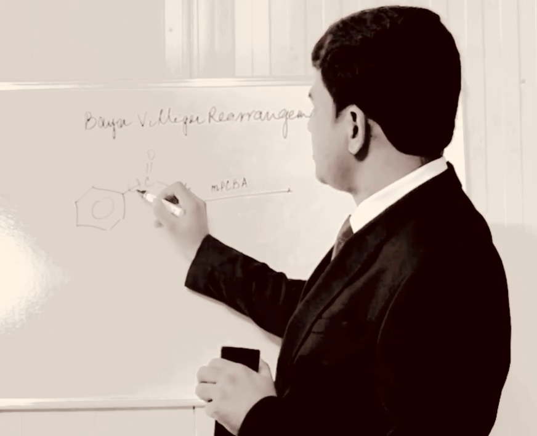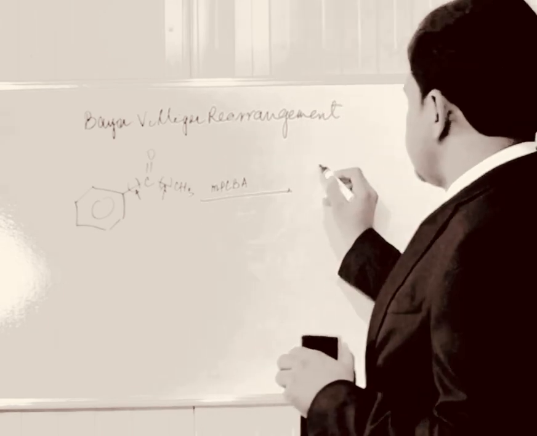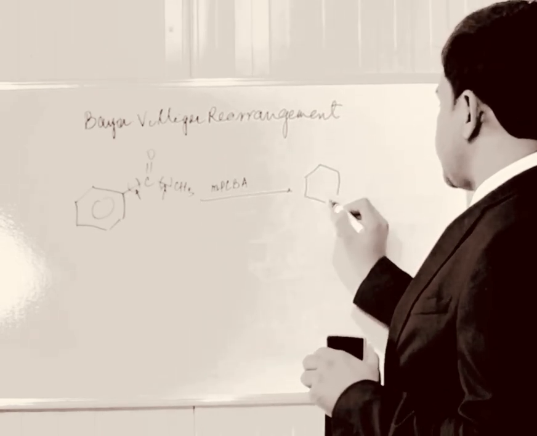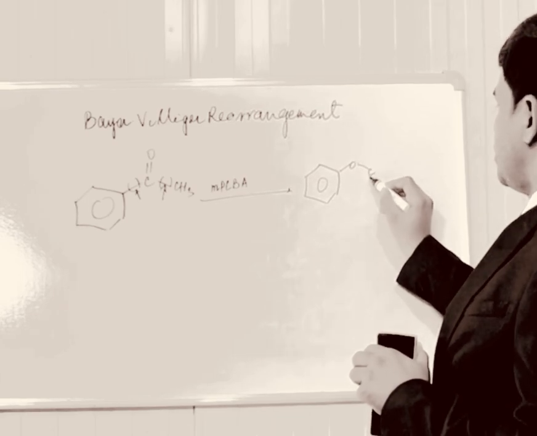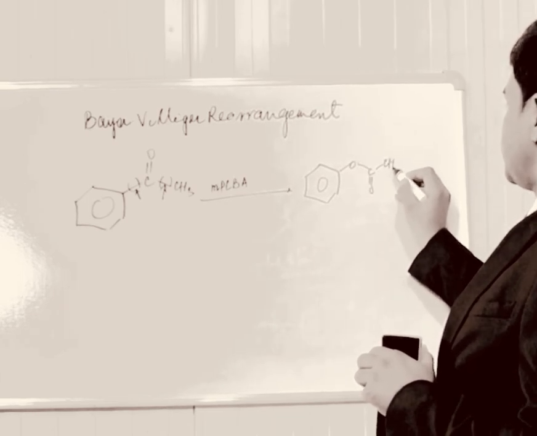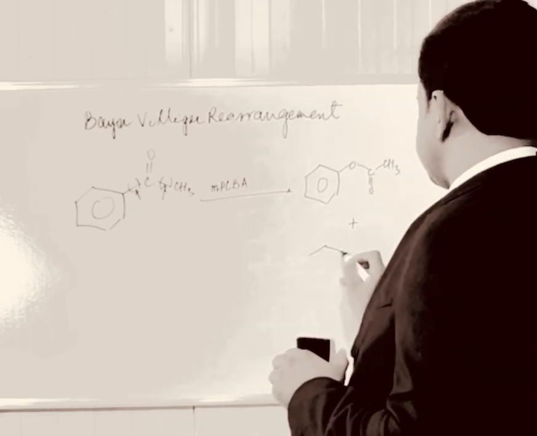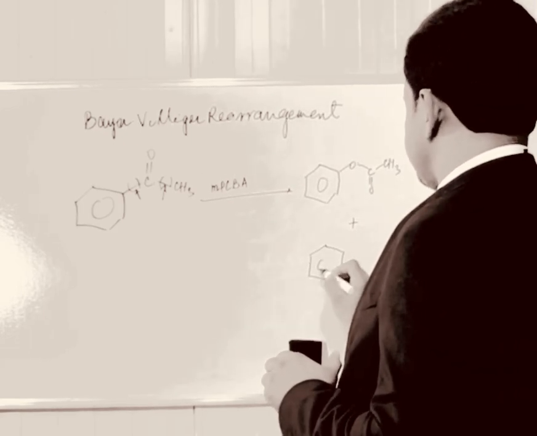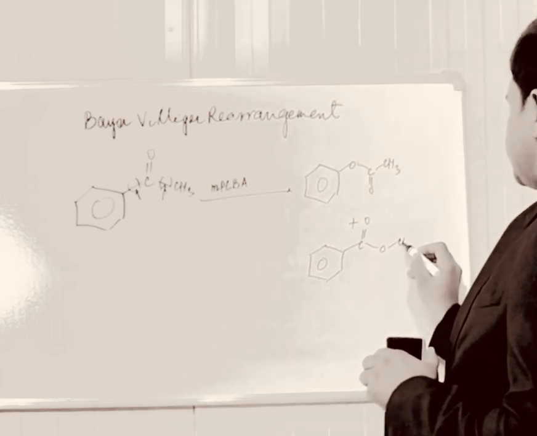In the first, the oxygen is inserted in between this, and in the second, the oxygen is inserted in between this. Then the first product is like that, OCOCH3, and the second compound is like that, OCH3.